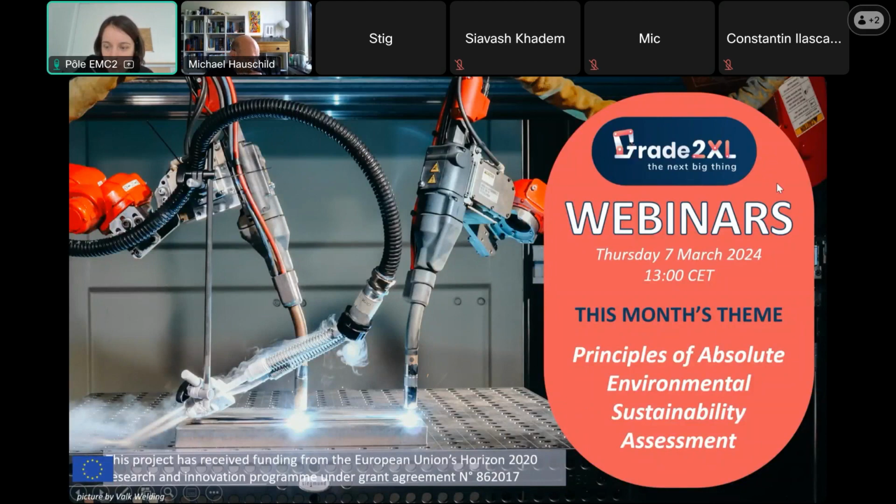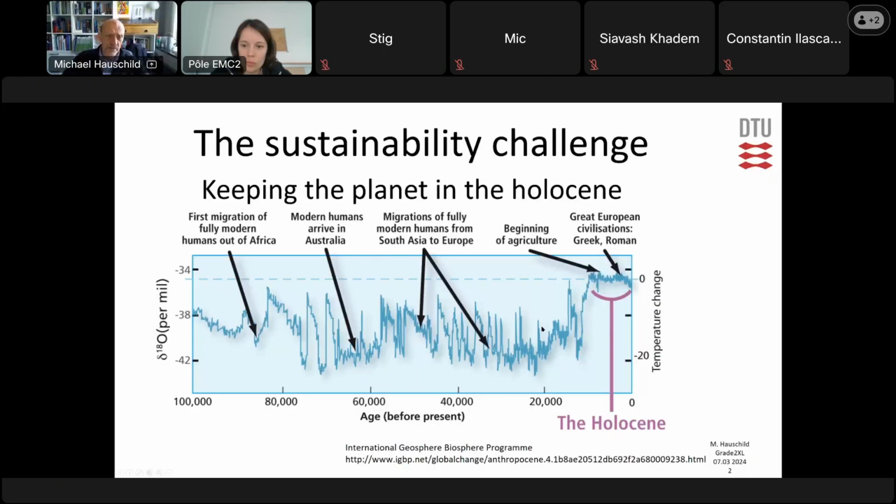So from the first migration of the fully modern humans out of Africa, our species of humans, Homo sapiens, is believed to have evolved something like 250,000 years ago in the southern part of Africa, and around 6,000 years ago, there are indications of a larger migration out of Africa of Homo sapiens, and then gradually propagating over the planet under this very unstable temperature regime.